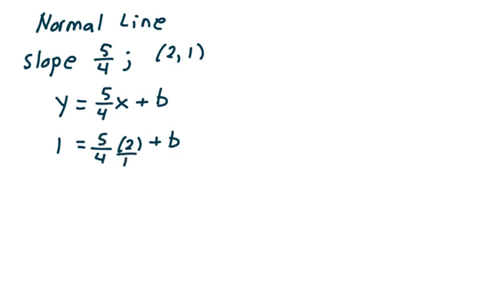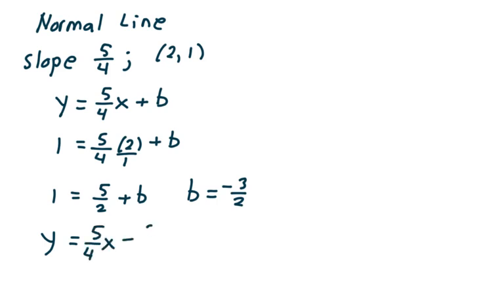So 1 equals 5/2 plus b. So b is negative 3/2. So y is 5/4 x minus 3/2. And that's how we get the normal line for 28a.